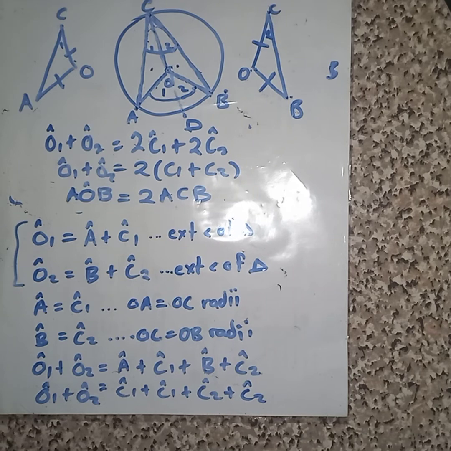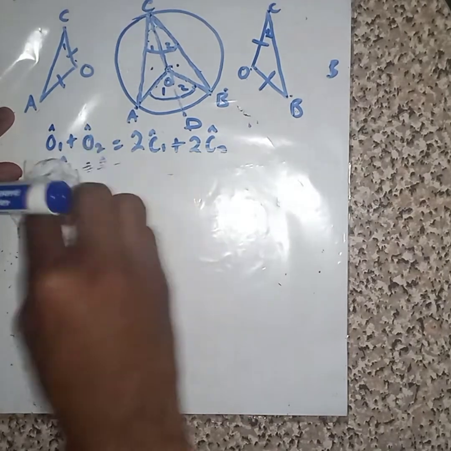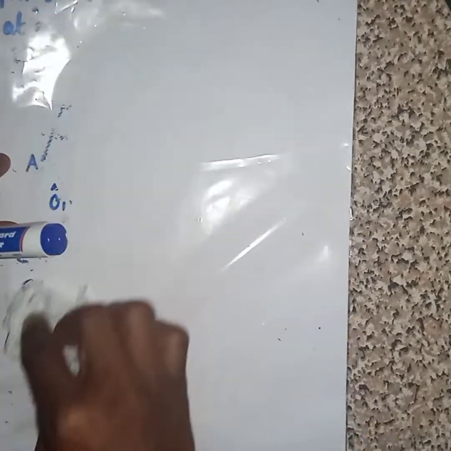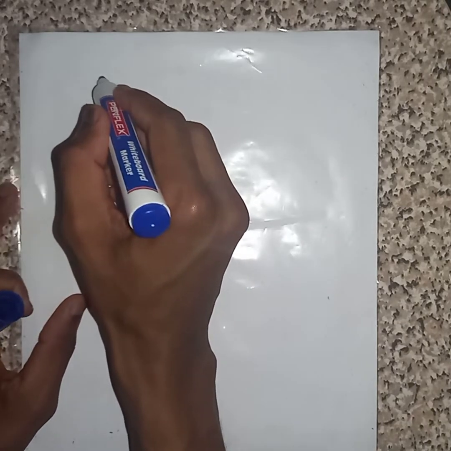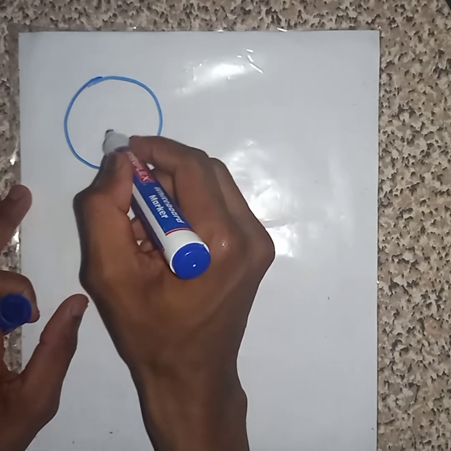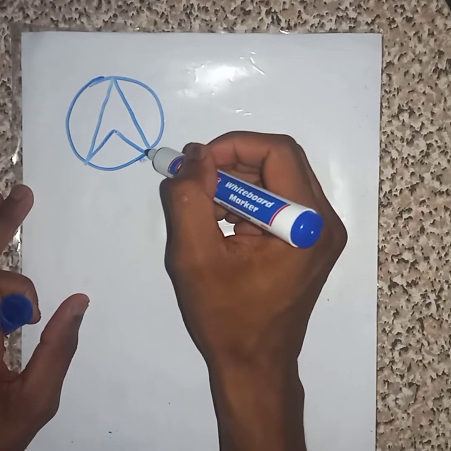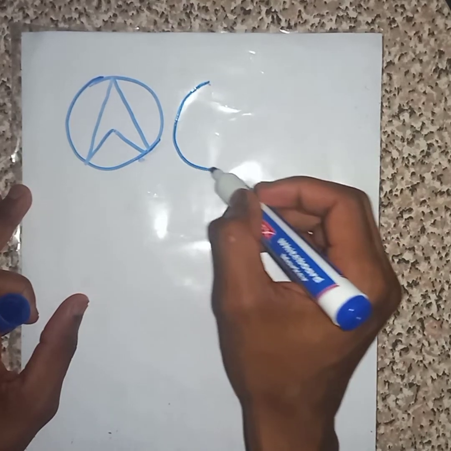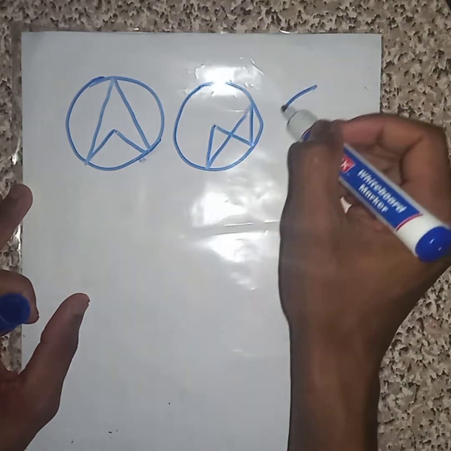Now let us do some application, a simpler one. Or before I can even go there, you must bear in mind that theorem 2 has two variations. It can appear like this, like this, or like this.